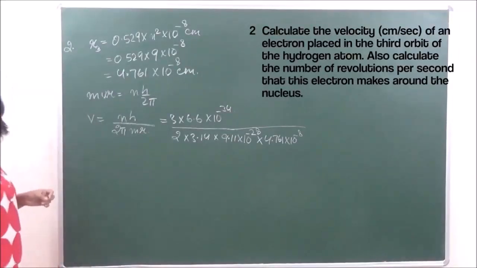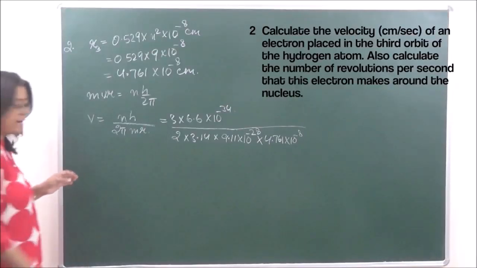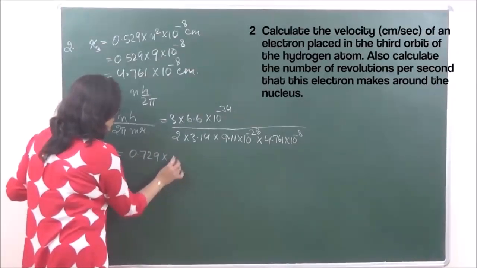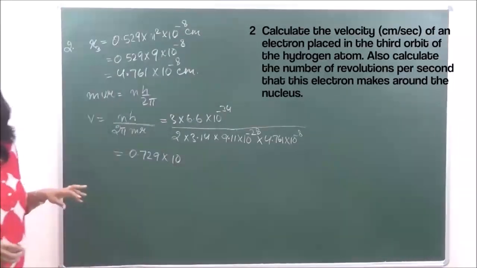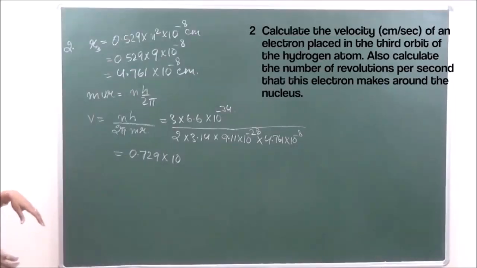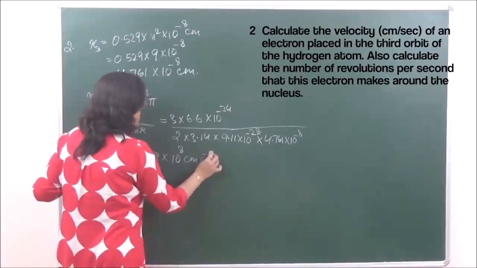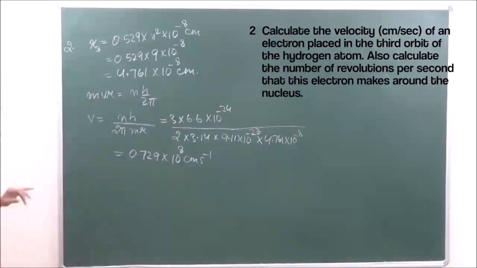So this when calculated, the velocity is coming to 0.729 into 10 raised to power 8 centimeters per second. This is velocity. Then the third part of the question is we have to calculate number of revolutions per second.